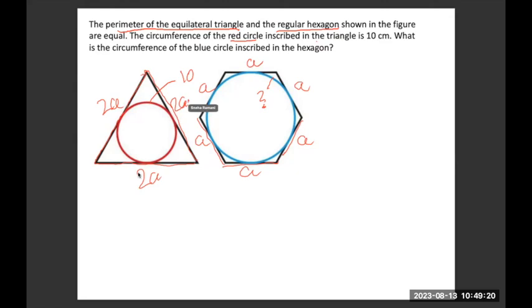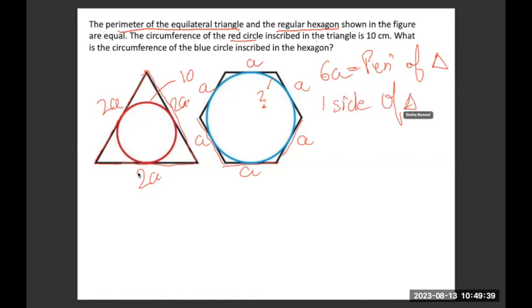Because the perimeter of the hexagon will be 6A, which is also equal to the perimeter of the triangle. If the perimeter of the triangle is 6A and the sides of the triangle are 3, which means one side of the triangle will be 2A. That's why 2A, 2A, 2A. Okay?